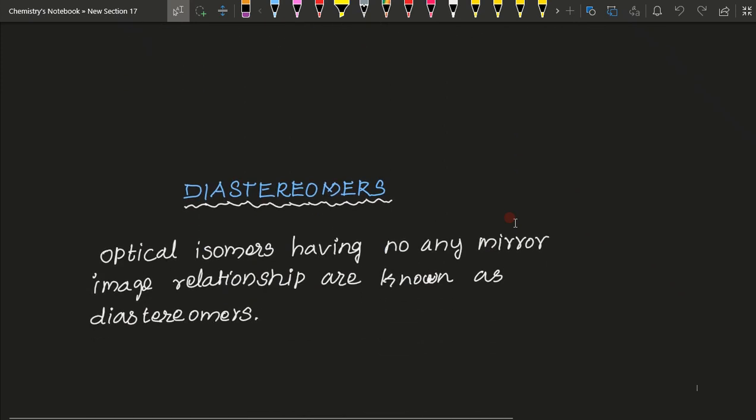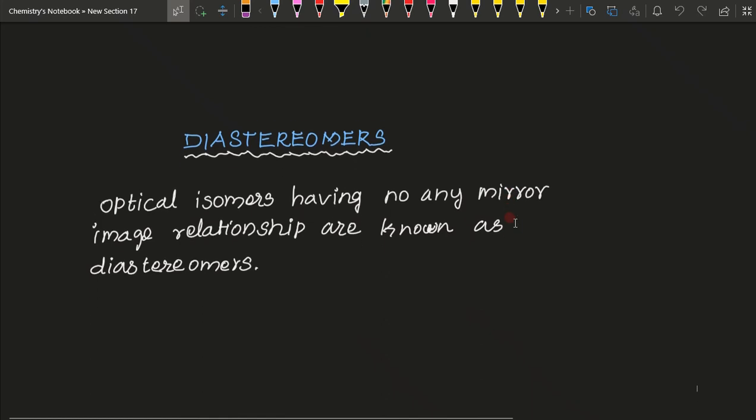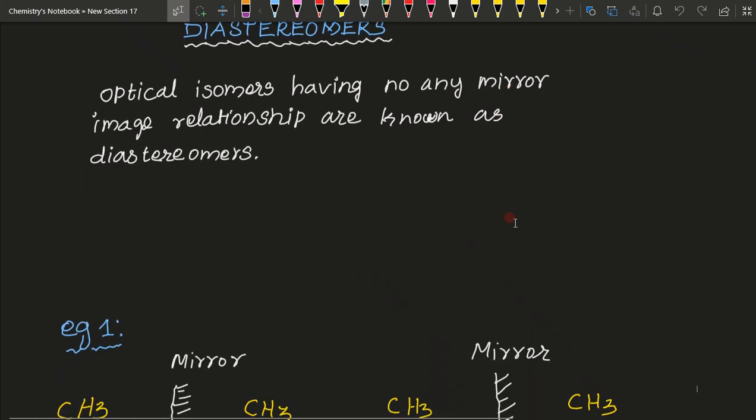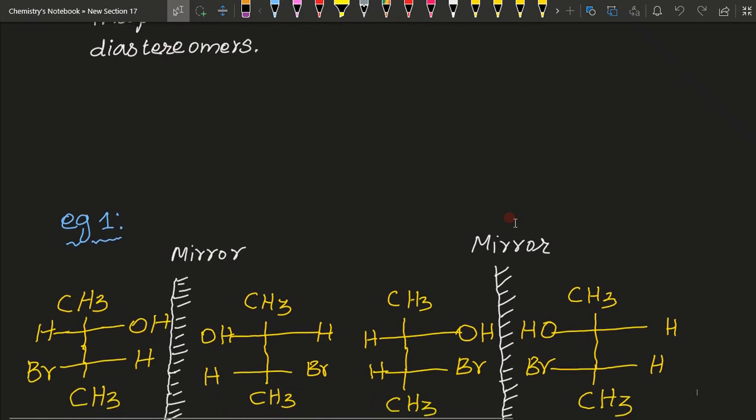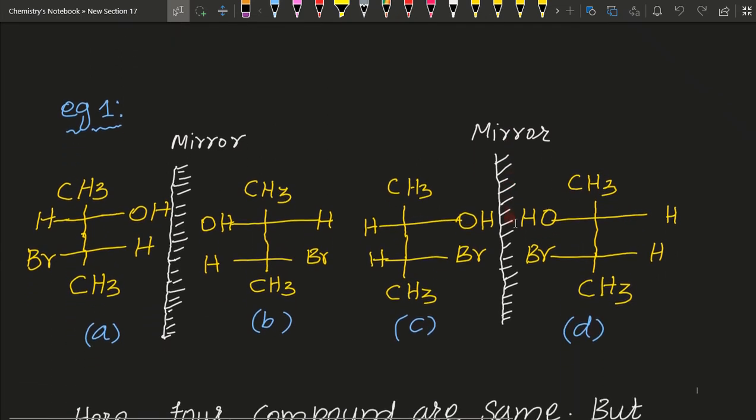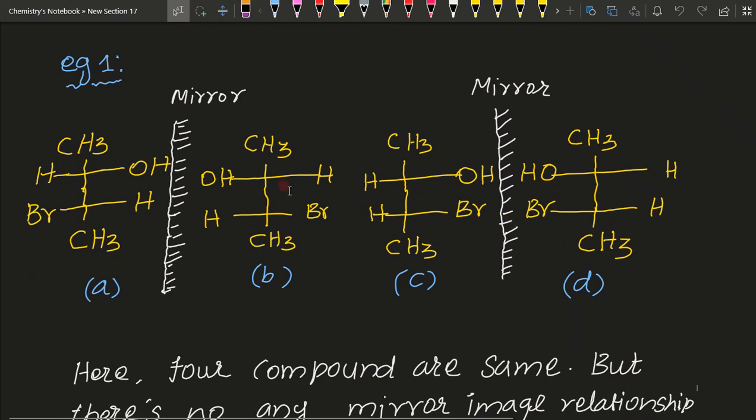Next, diastereomers. Optical isomers that do not have a mirror image relationship are known as diastereomers. See, for example, this compound A, its mirror image is this. This mirror image is this.